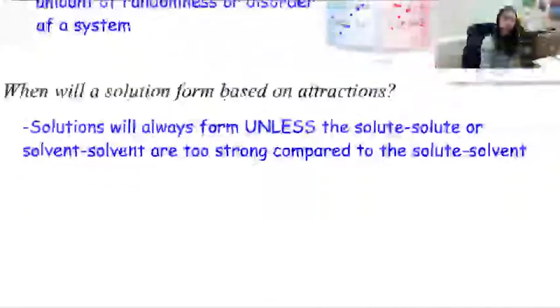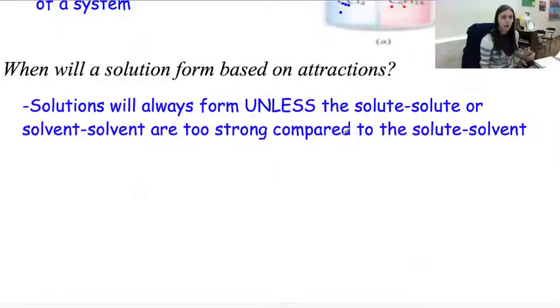Solutions will always form because things like to spread out and increase their randomness unless your solute or solvent are too strong compared to what they are together. So that's the whole thing with like and like. A weak force is not going to break apart a strong force. So unless they are too different, a solution will always form. Things like to be more random.